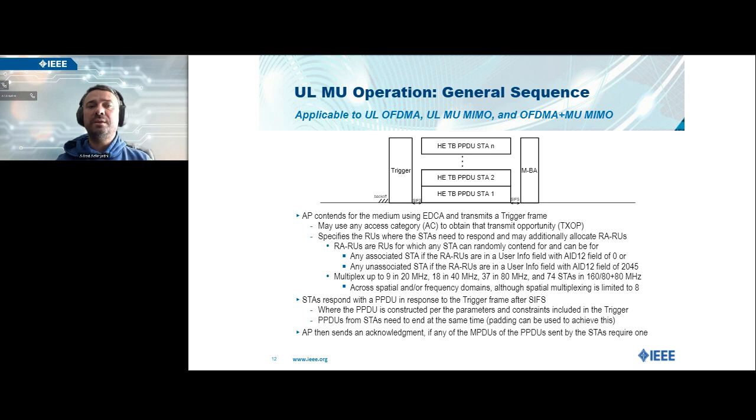So that end time is being satisfied by the use of padding. So after the stations aggregate the MPDUs that they are going to transmit, they can send information that is not useful, just for filling the rest of the PPDU itself. And as mentioned earlier, the access point then sends an acknowledgement if any of the MPDUs of the PPDU sent by the stations require an acknowledgement, and of course, if the access point received any of them.